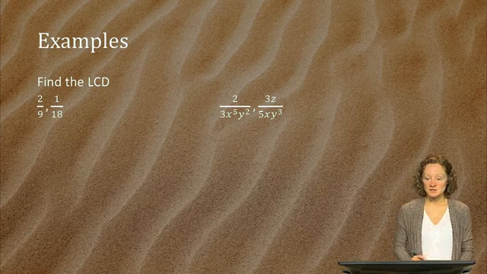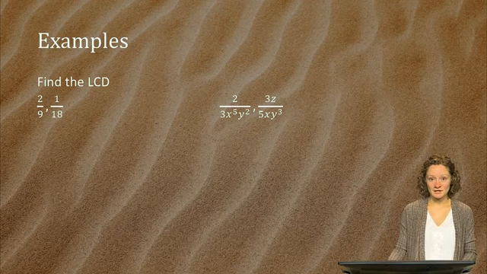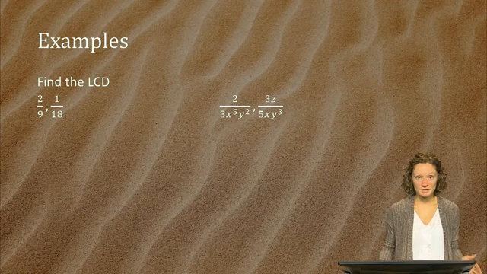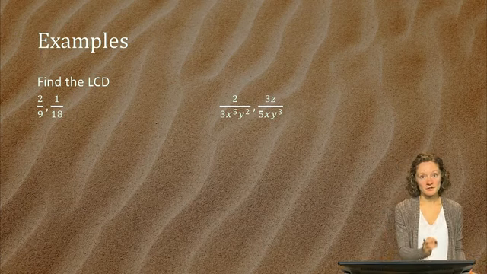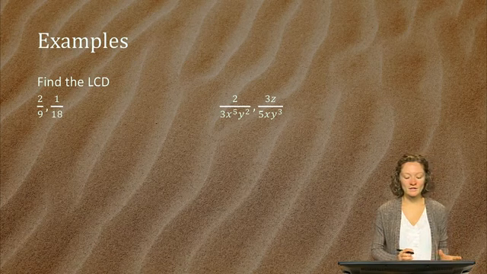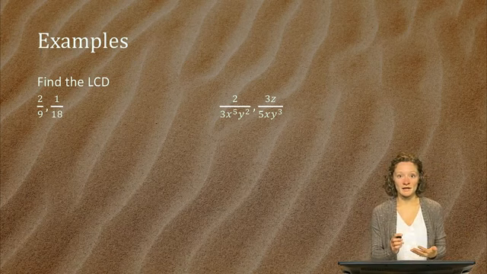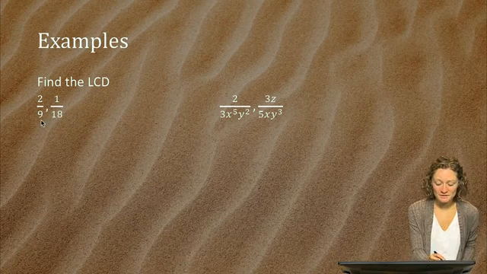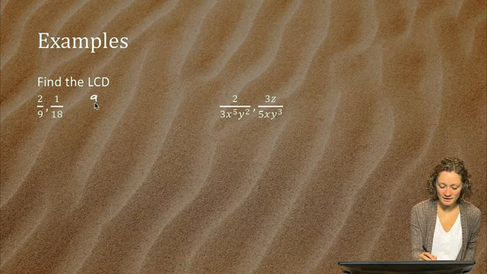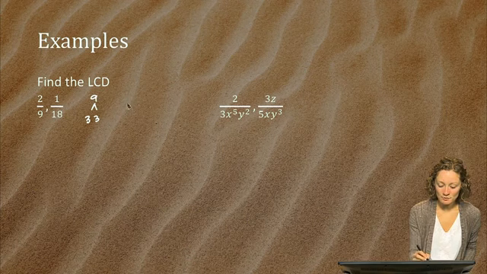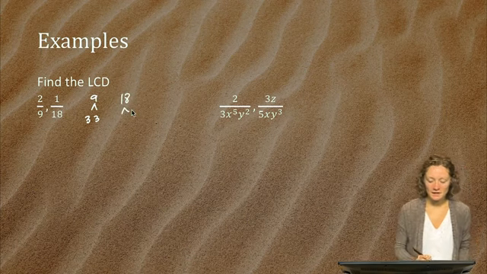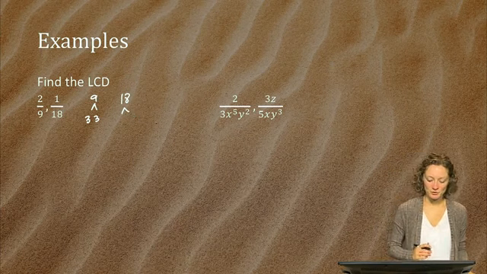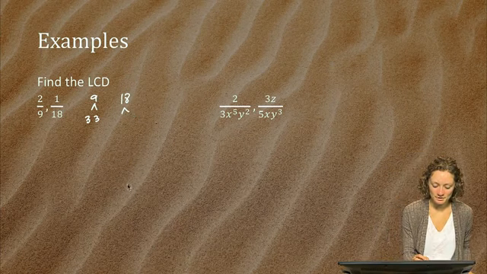All right, so for us to find a least common denominator, first we need to completely factor each denominator. And I'm going to start with numbers because you've seen numbers before, and I want you to see the process roll over into polynomials. So there's nothing we can do to really factor 9 and 18, but we can break them down. And you don't always have to do this, but the idea will carry over into our polynomial denominators.